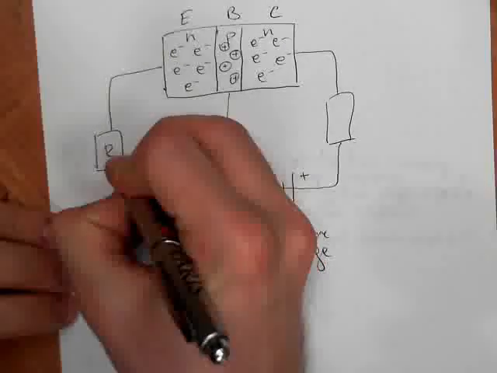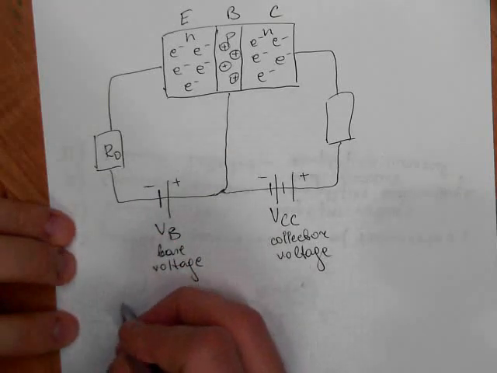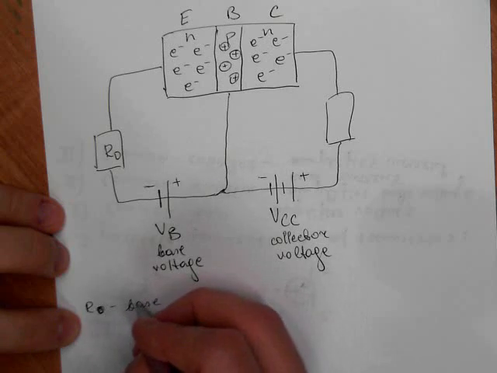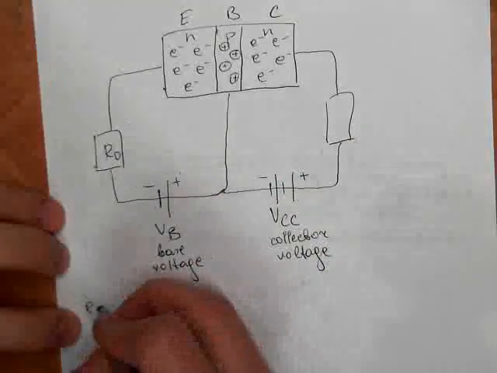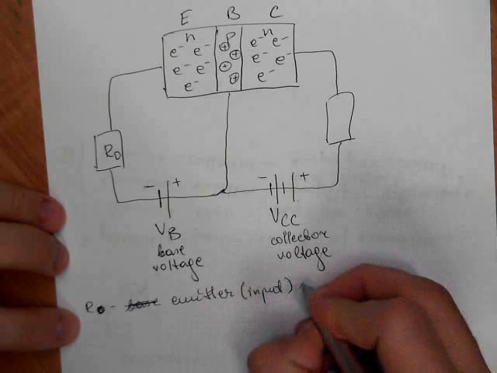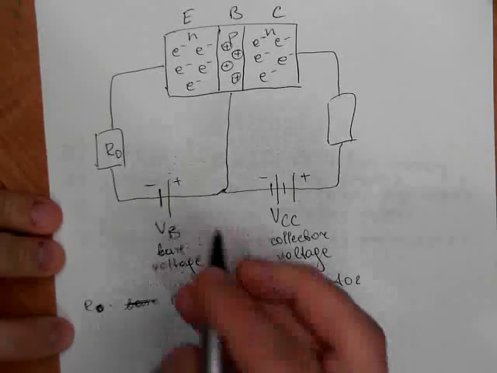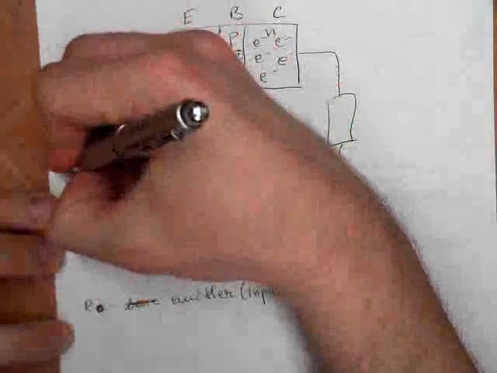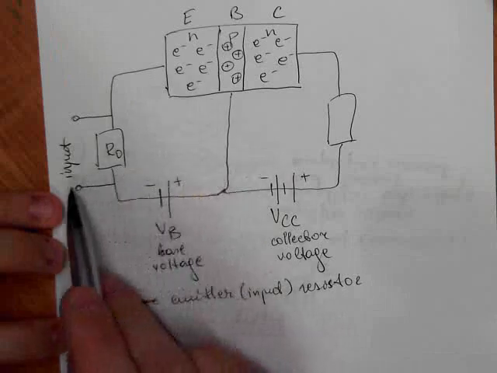Now this is R0. It's not a base resistor, it's near the emitter, so maybe it's better to call it emitter resistor or input resistor. It can be called input resistor because the input signal is given here, the voltage that we want to amplify.